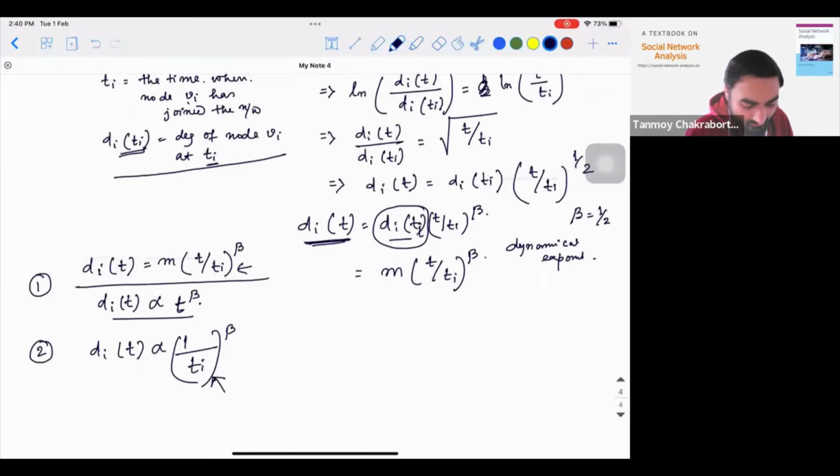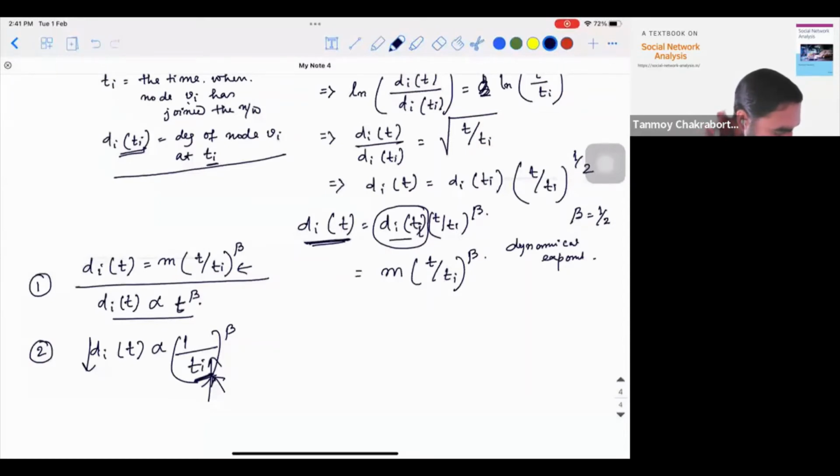It says that if ti is high, this is low. That means what? ti is the time of joining. That means the difference between t minus ti, right? Now tell me, what's the meaning of this?